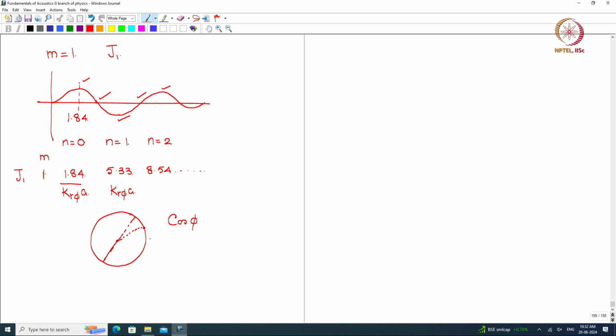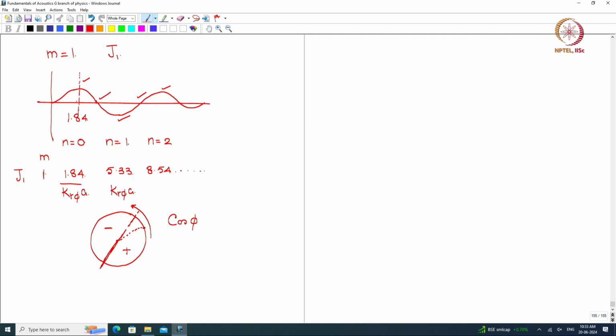So if I go around the shell along the circumference, along the angle phi, I will get one node line. On one side there will be a plus, let us say, on the other side a minus.